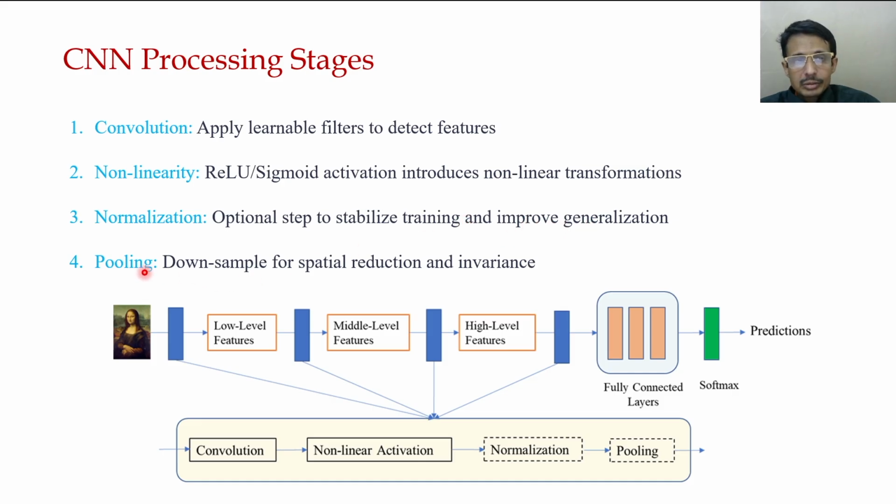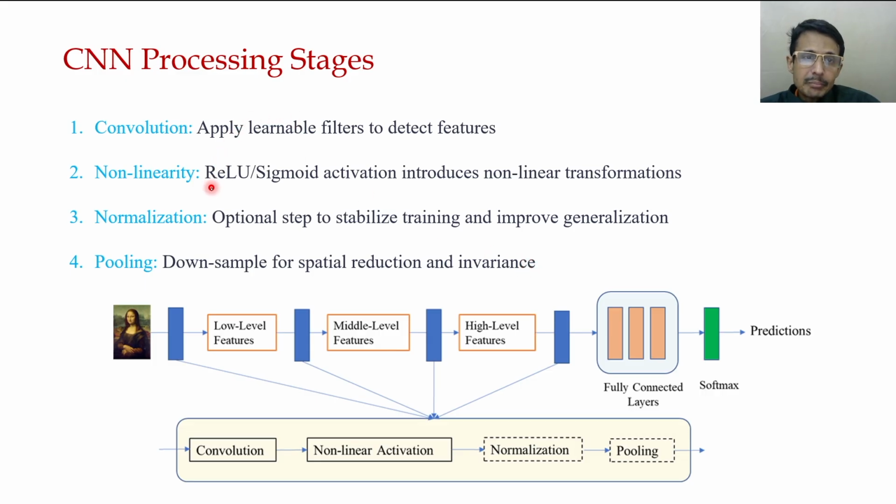And most importantly, pooling, which downsamples for spatial reduction and invariance. We see how it downsamples so that we can get the prominent response, and pooling to some extent produces some sort of invariance, like scaling invariance.